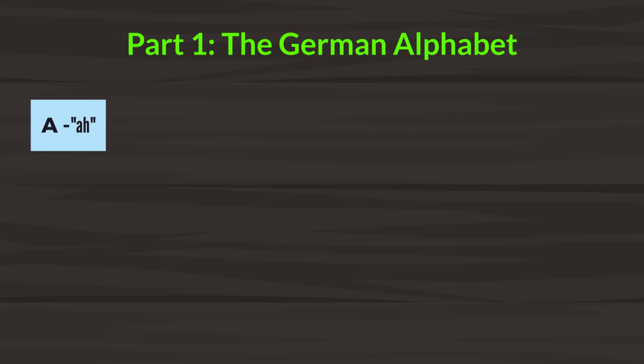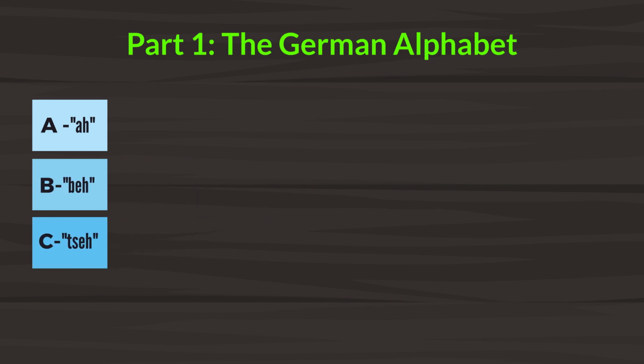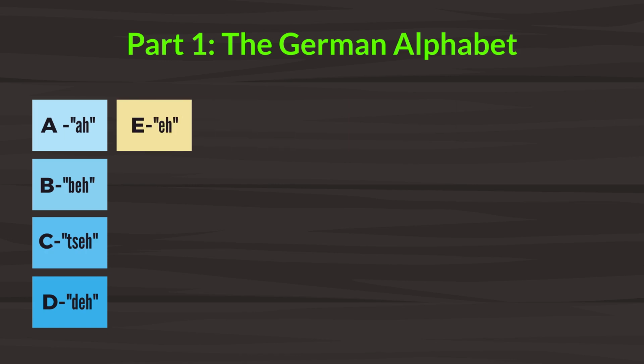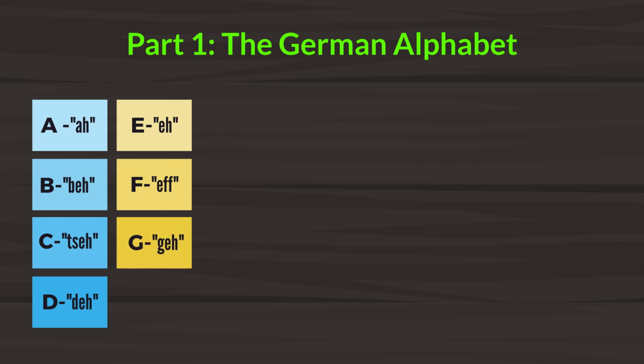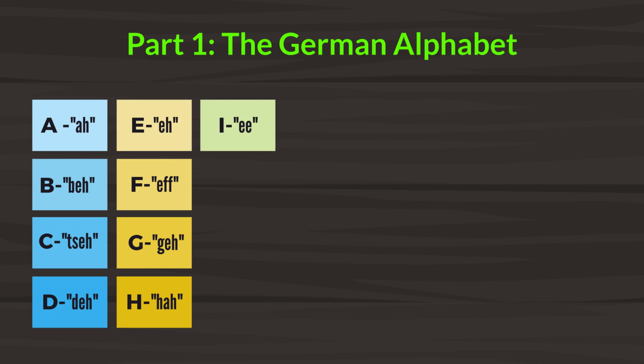A is pronounced like A. B is B. C is like C. D is D. E is pronounced A. F is like F. G is pronounced G. H is like H. I is like A.